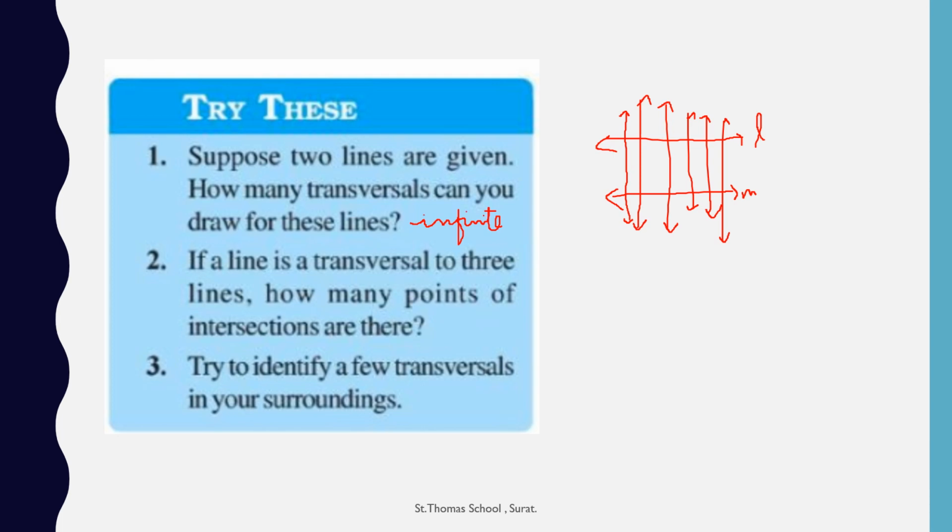Second one, if a line is a transversal to three lines, how many points of intersection are there? So there are three lines. We can draw three lines here.